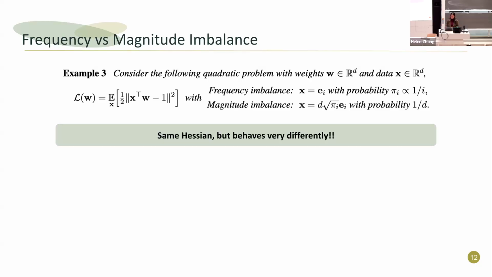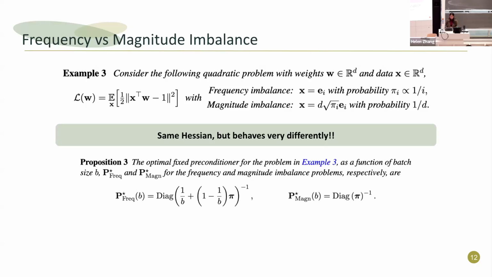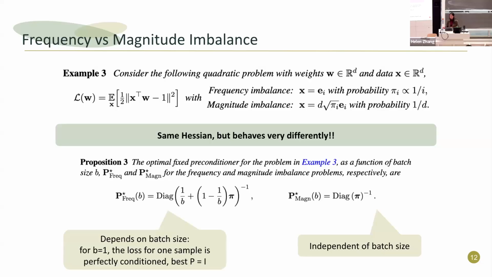So this means you will still have the same Hessian, but the behavior of the optimization dynamics will be different. In the magnitude imbalance case, it doesn't matter what batch size you're using, you always have this ill conditioning, and you want to use the same preconditioner to fix it. But in the frequency imbalance case, the optimal fixed preconditioner depends highly on the batch size.